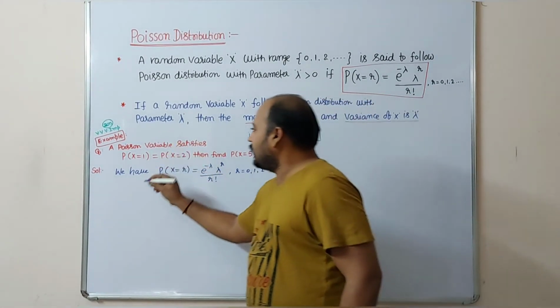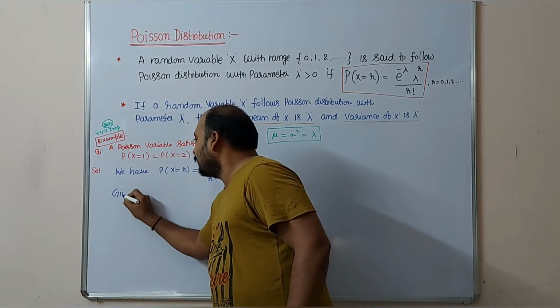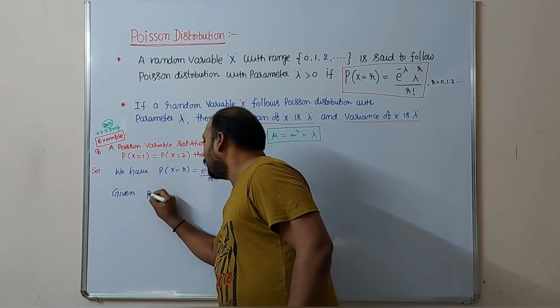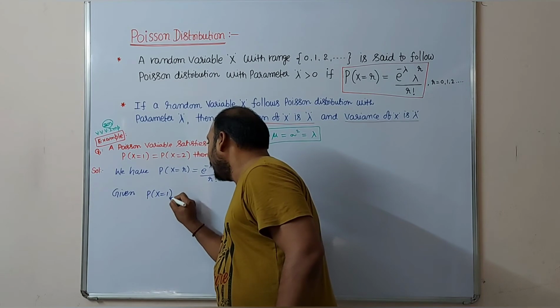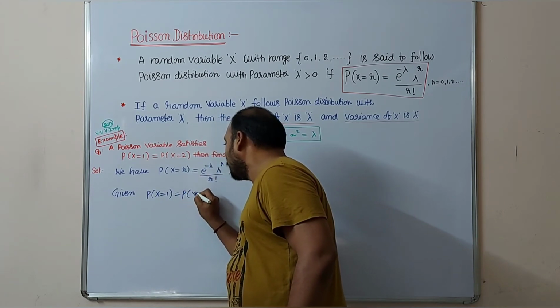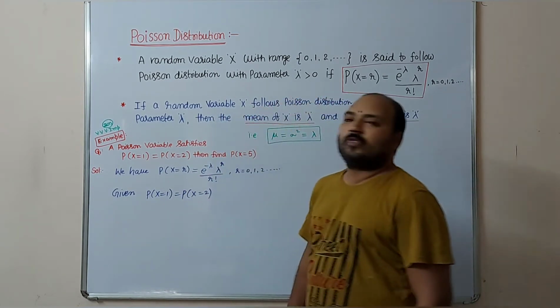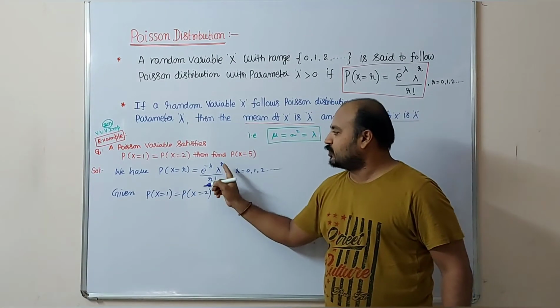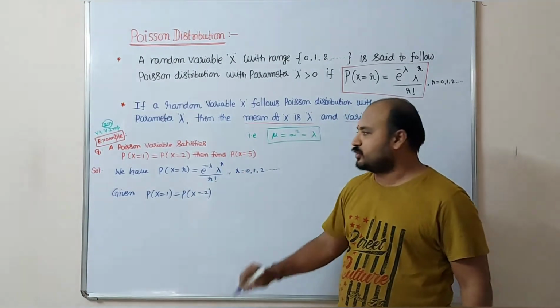Given P of x equal to 1 is equal to P of x equal to 2. In place of r substitute 1, and in place of r substitute 2.